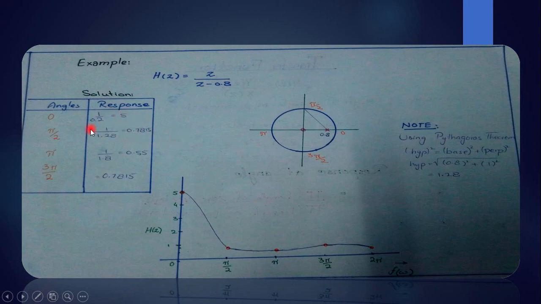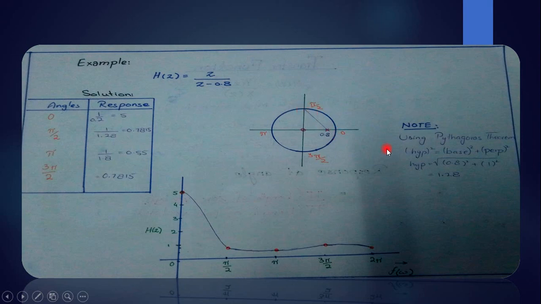In the next case, we are going to find the response at pi by 2. Here again the length is just 1, and the distance from this pole to pi by 2 is this hypotenuse.